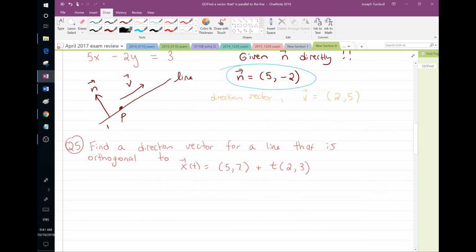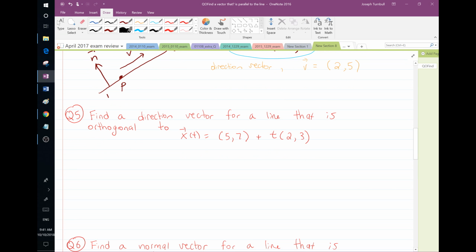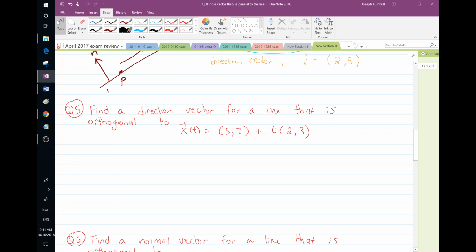Okay, number 5. Find a direction vector for a line that is orthogonal to this line. Here we go. There's our line that has a point P on it, has a direction vector V, and has a normal vector N. Now this time we're not given n. We want n. We're asked for, oh wait, I lied.